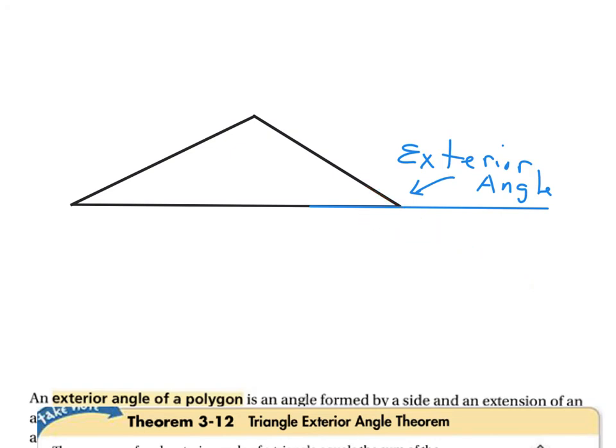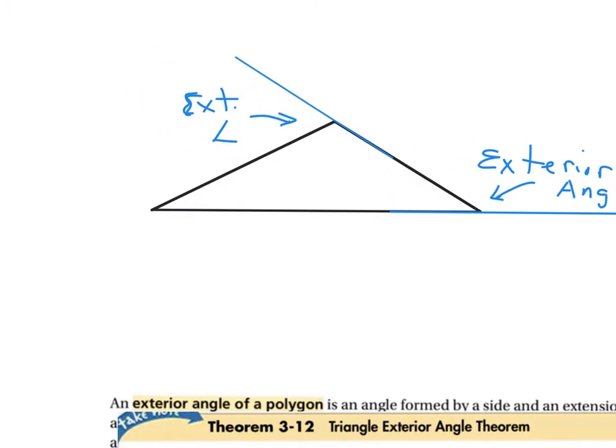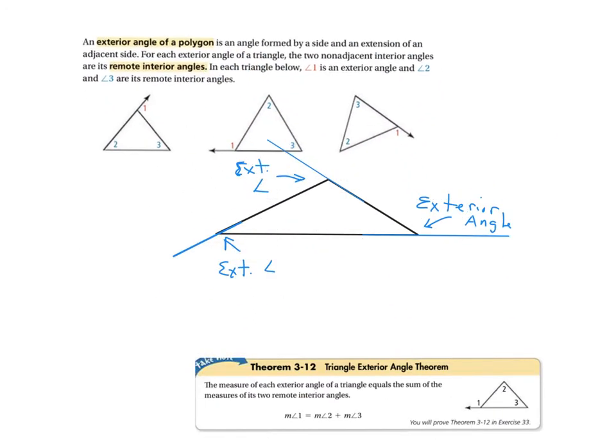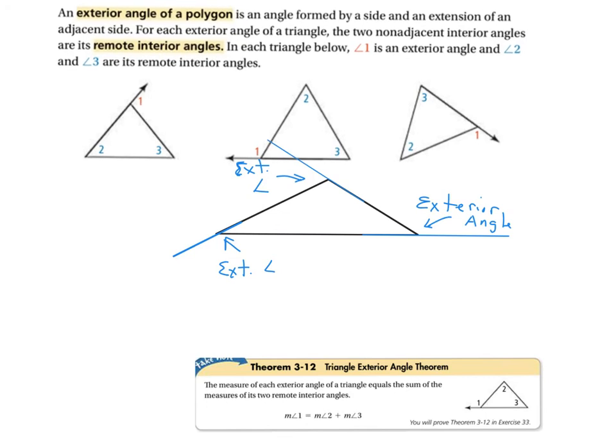So we really only have to draw one side extended. And notice each of our vertices of the triangle will have an exterior angle. So for a triangle, we will have three exterior angles, one exterior angle at each vertex, where we have three interior angles. So here's another look at the exterior angles.